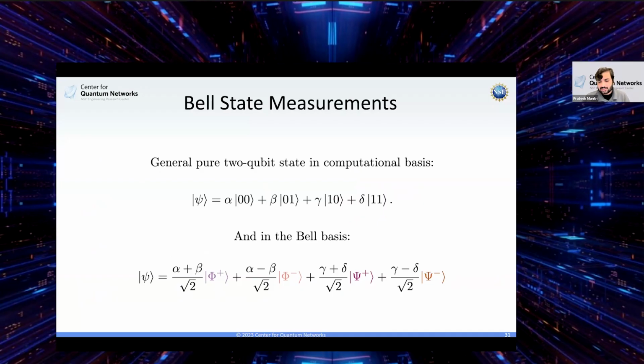So just as convention, we call it a computational basis. Now, let's say we have this state ket psi written as this complex combination. You can do some algebraic manipulation to write it as a linear sum of the four Bell states.